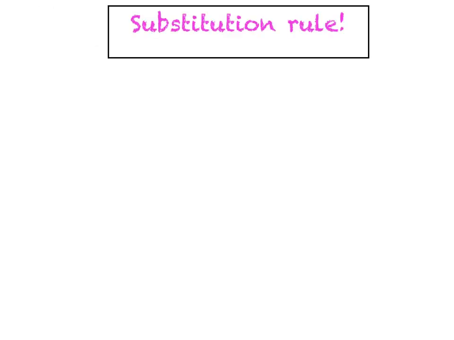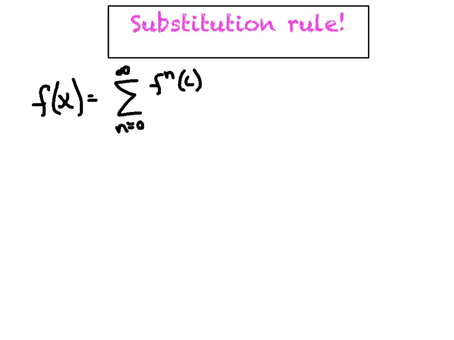Perhaps the most important and underappreciated rule within this entire chapter, well, basically, here's what it says. It says if f of x is represented by an infinite series, and we'll just make up a very generic one here, we'll say the nth derivative evaluated at c all over n factorial times x minus c to the nth power.